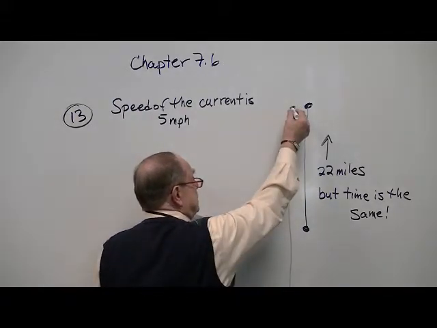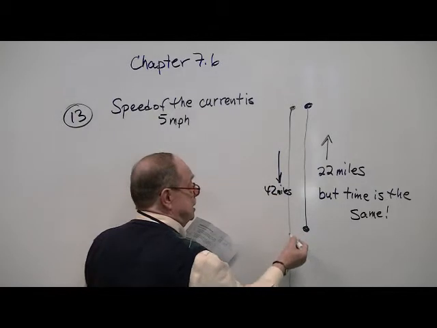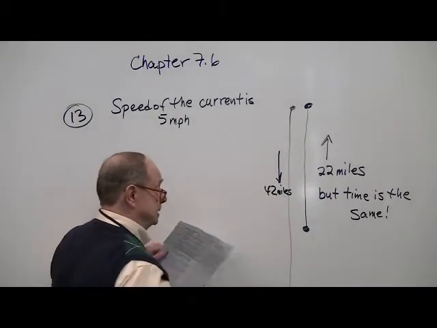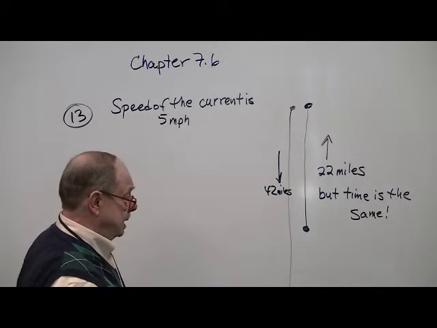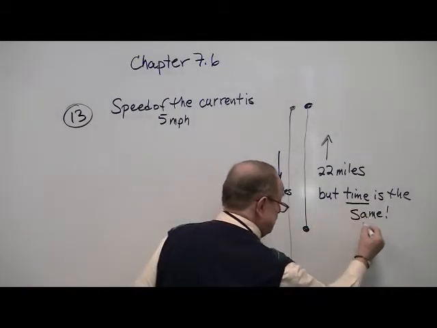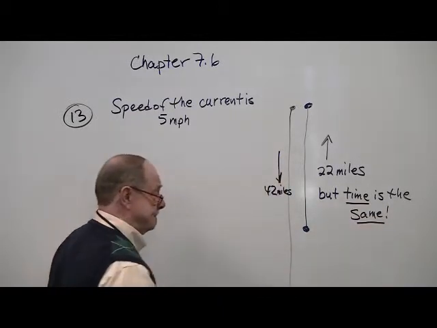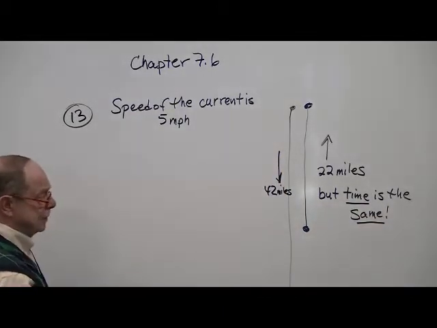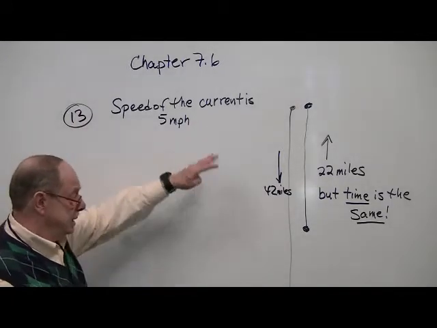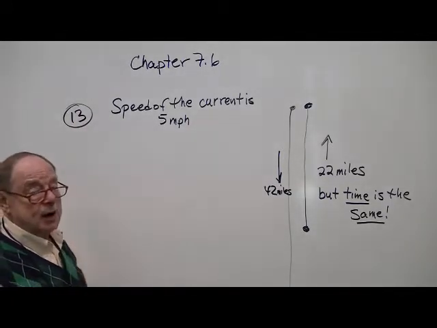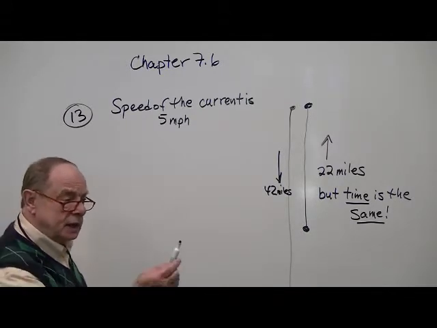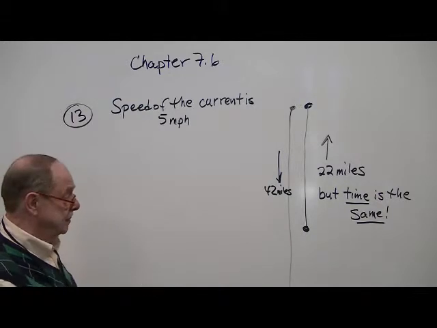And then when he's upstream, he goes downstream with the current for 42 miles. But he does that in the same time. So we're asked to figure, and by the way, the speed of the current that he's in is 5 miles per hour. We're asked to figure out what is the rate of the boat.